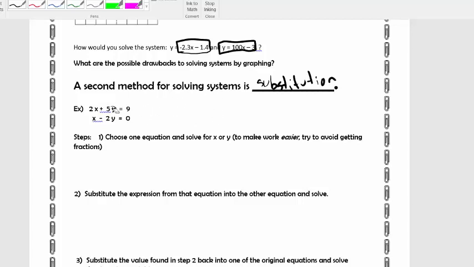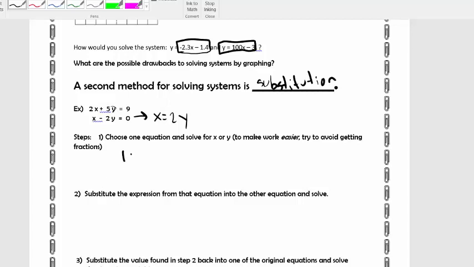But when I look at the bottom, I realize, hey, x doesn't have a number in front of it, so I won't have to do any division, which means no fractions. So I'm just going to add 2y to this side. The main goal is you want to have a letter by itself. So now x is all alone, which is great.